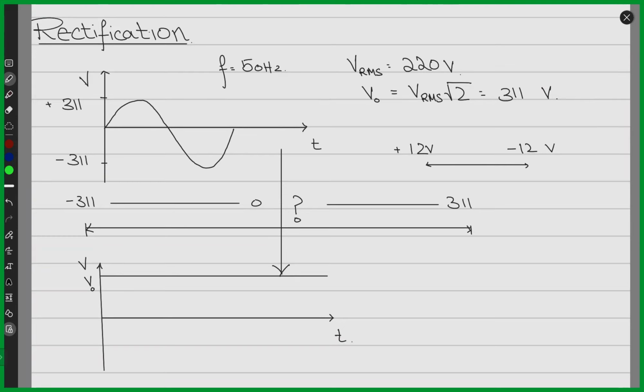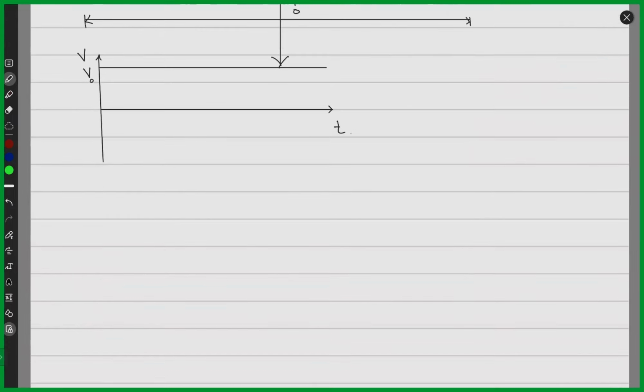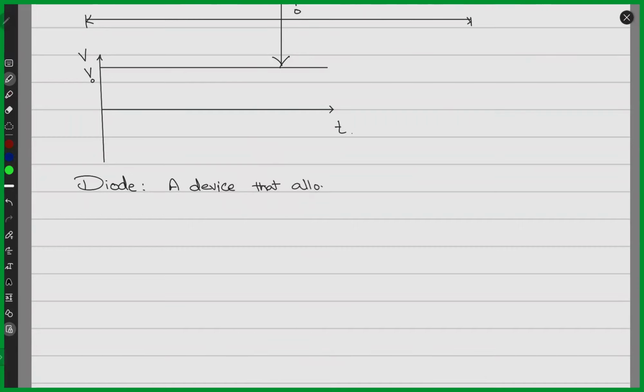Okay. So what we can do is, we can use what's called a diode. Now, what's a diode? It is a device or a component that allows only a particular direction of current to flow.